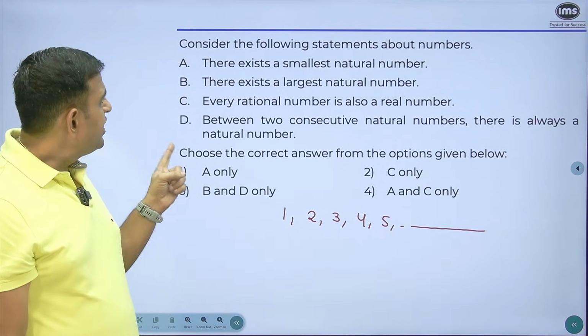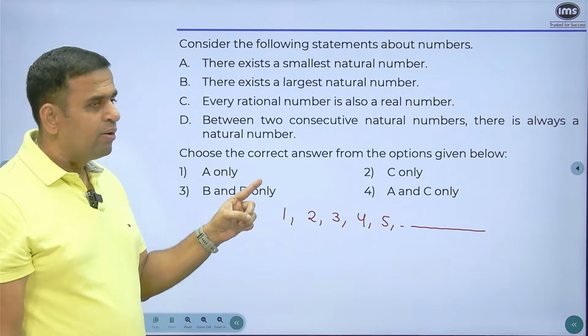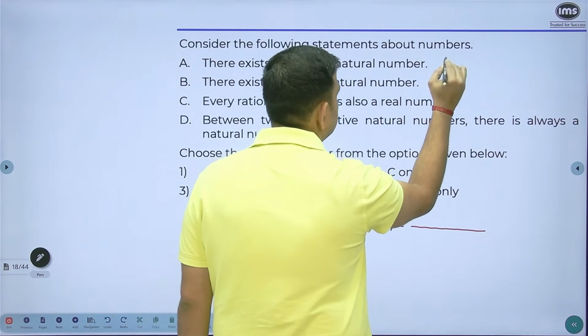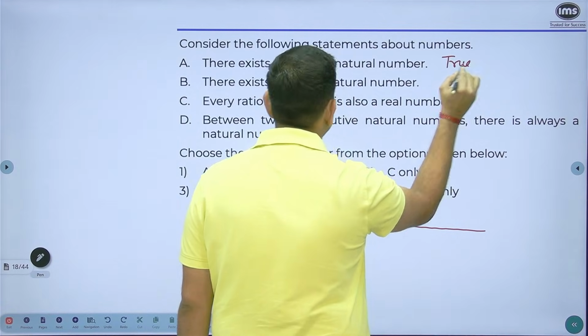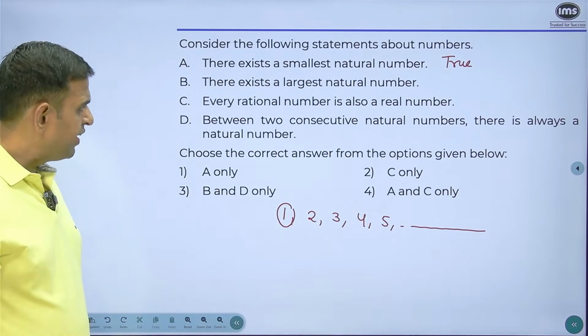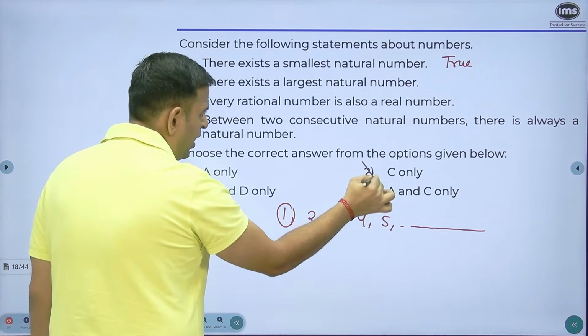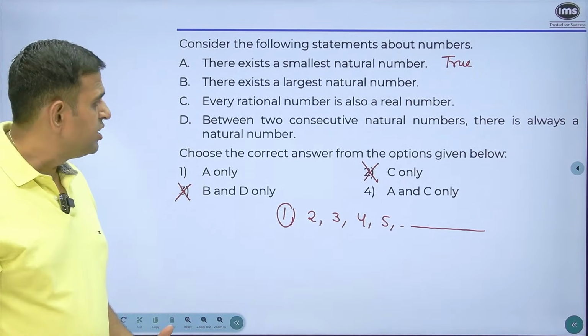So they are saying there exists a smallest natural number, definitely a true statement, because 1 is the smallest natural number. So A is perfectly fine, and that means if I look at the options, option 3 and option number 2 can be out at this moment.